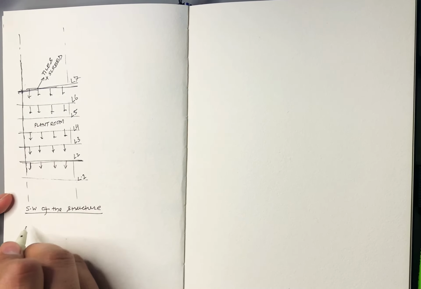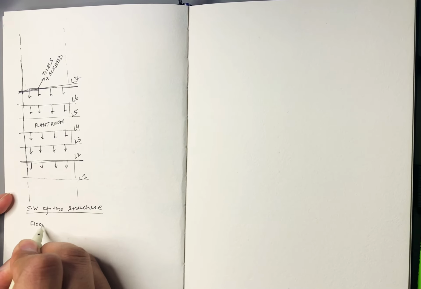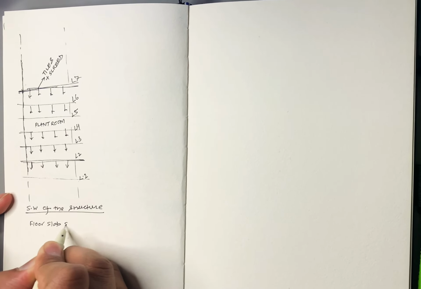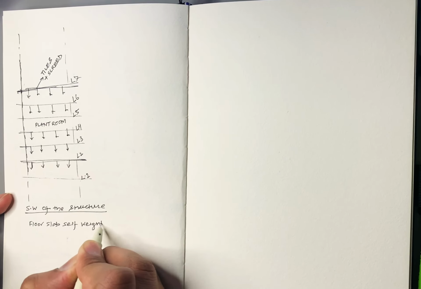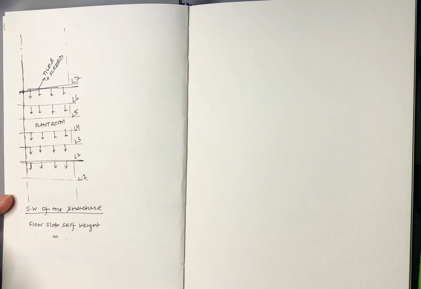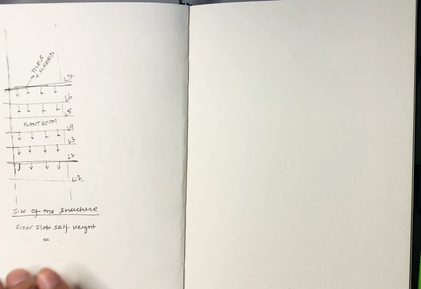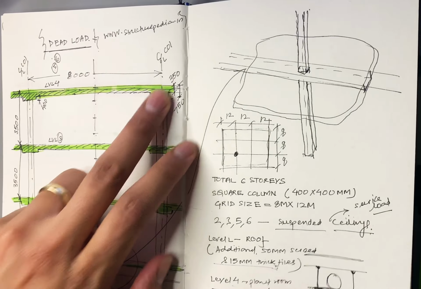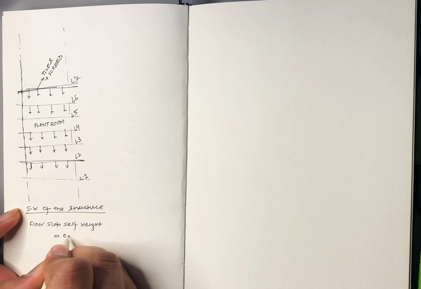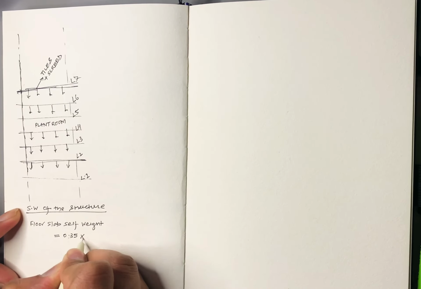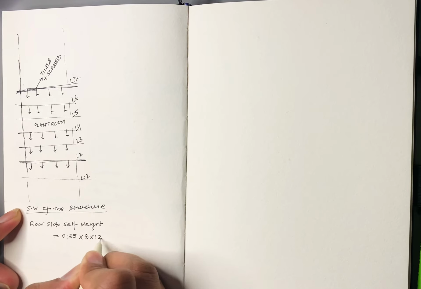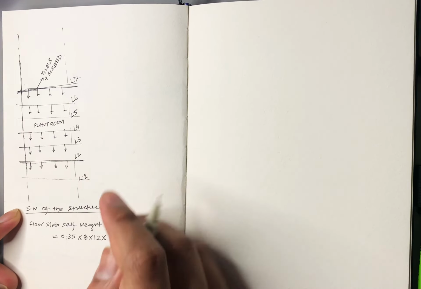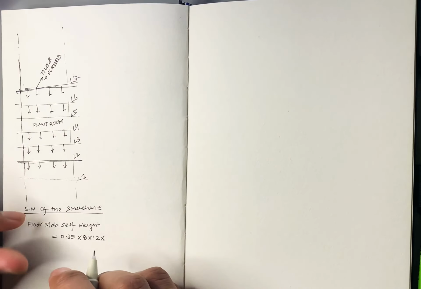That is the floor slab self weight. What is the thickness of the floor slab? This is 350 mm, so 0.35. What is the grid size? It is 8 by 12. And what is the density of concrete?